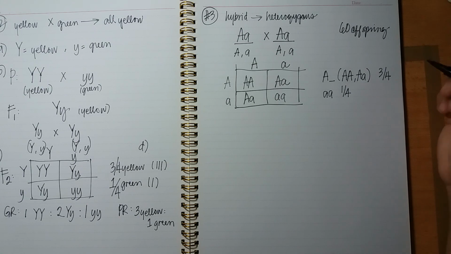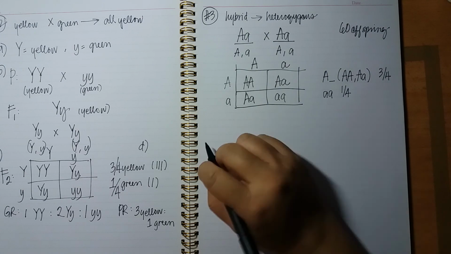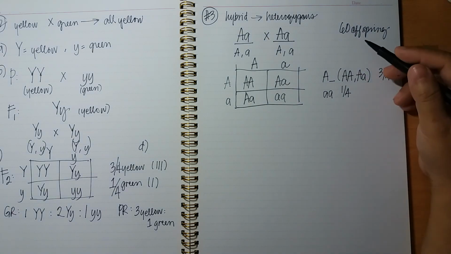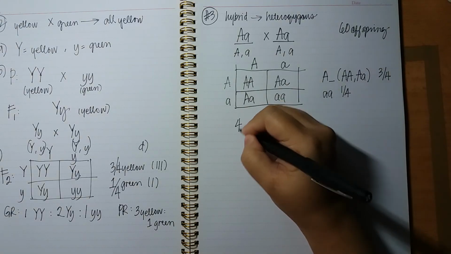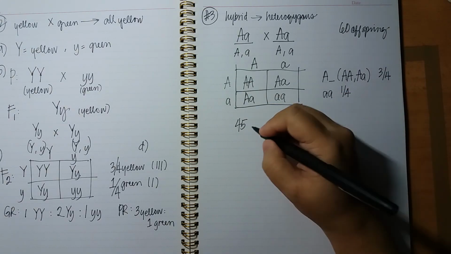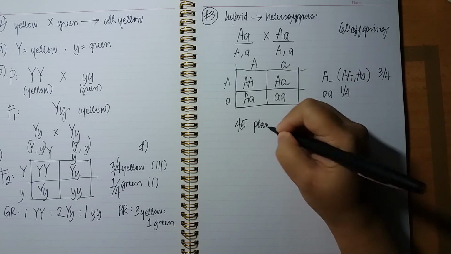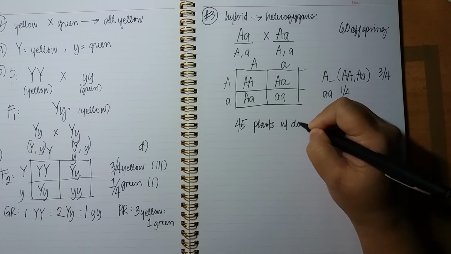Okay. So, paano natin isa-solve? We get 3/4 of 60. And to say na yun yung mag-exhibit ng dominant trait. So, 3/4 of 60 is what? 45? 45 of plants. Plants ba sabi ka? Plants. With the dominant trait.